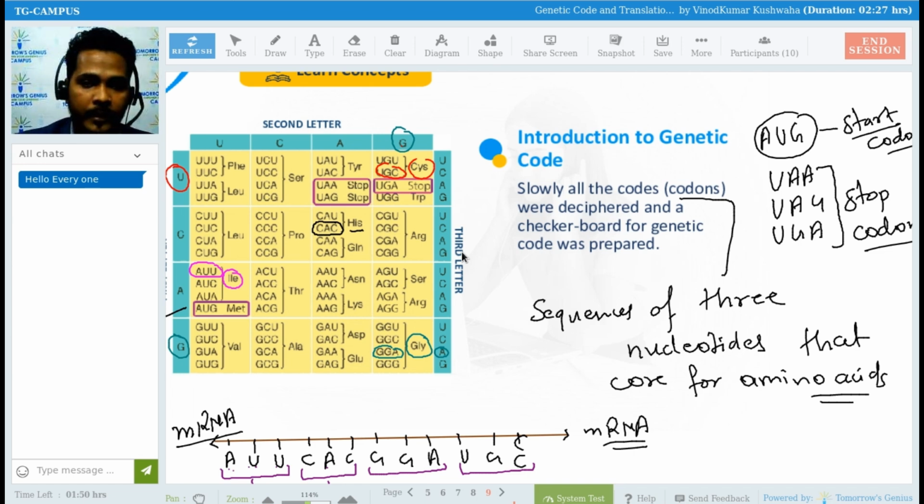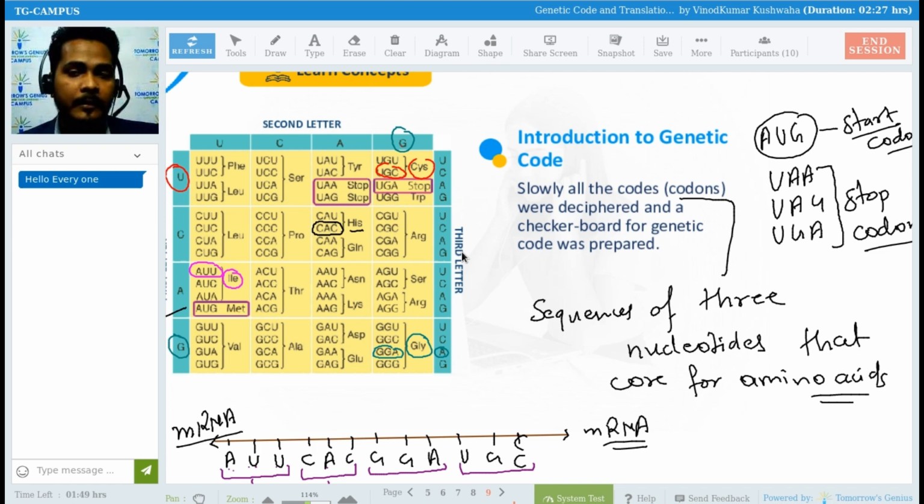This is something important that will help you in translation, to know the sequence of amino acids and where the reactions start and how they stop. Because of the AUG sequence, the reaction is going to start, right?